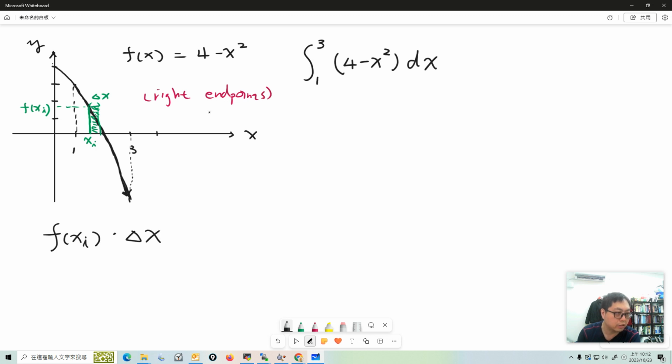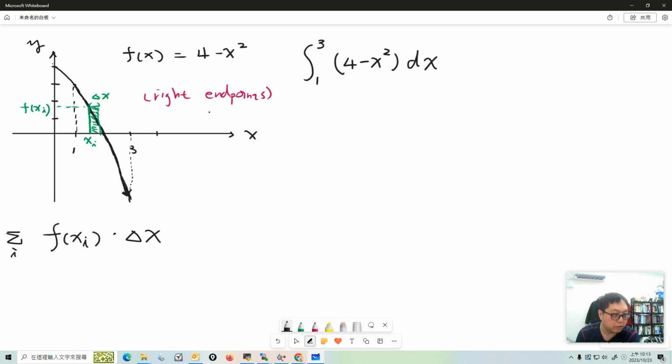So we choose the right endpoint; the space between the endpoints is delta x, and the height corresponds to f of xi. And we take a summation over them.